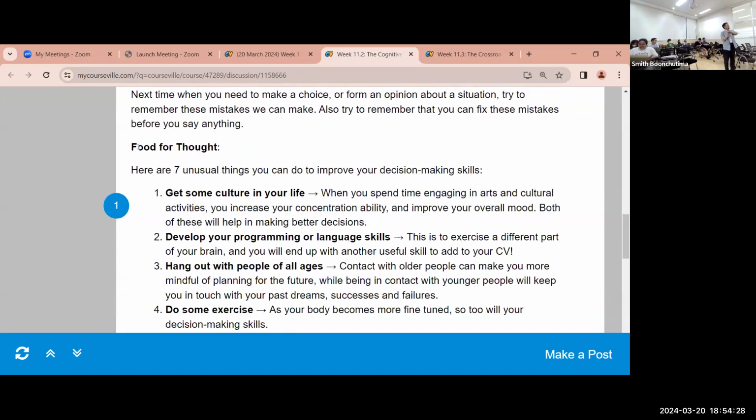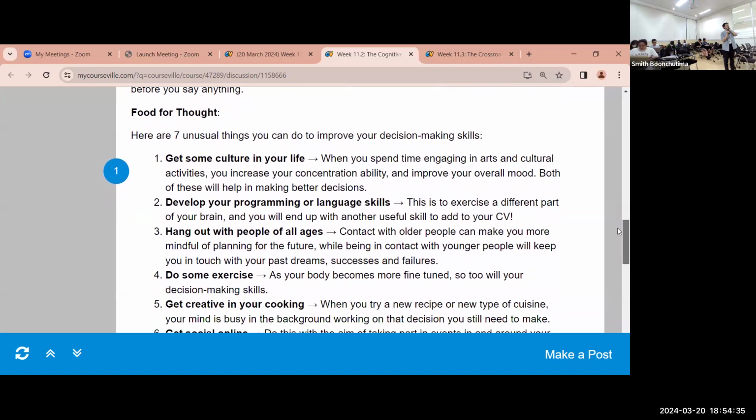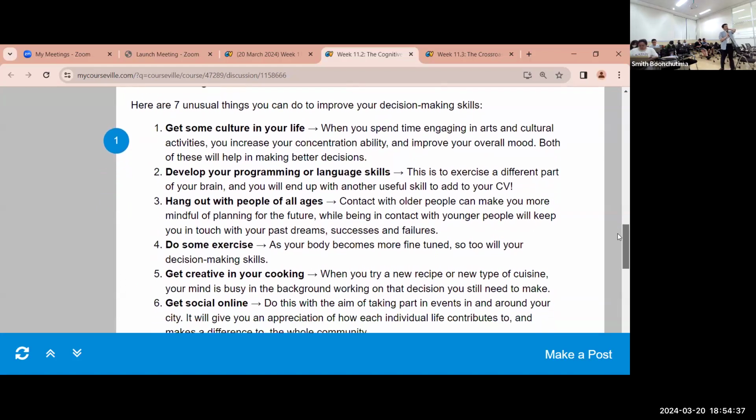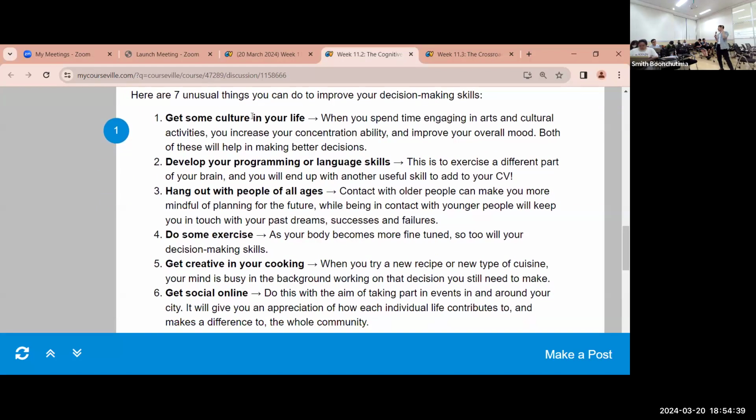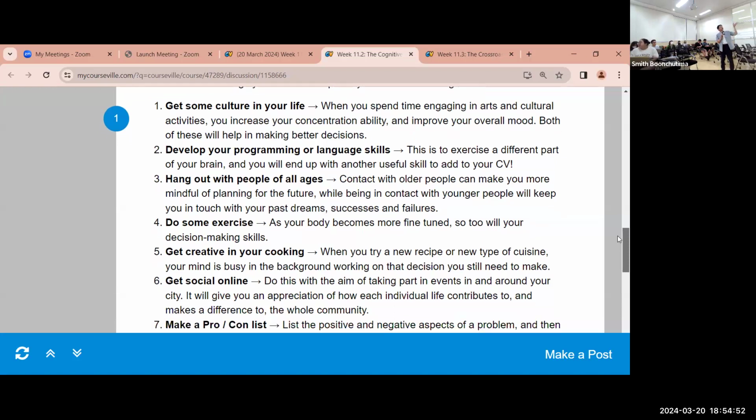And the food for thought: there are 7 unusual things that you can do to improve your decision-making skill. The first one is to get some art into your life so that you can see a lot of things and it enriches you, and you see things from different perspectives as well. Next, you should develop your language skill.